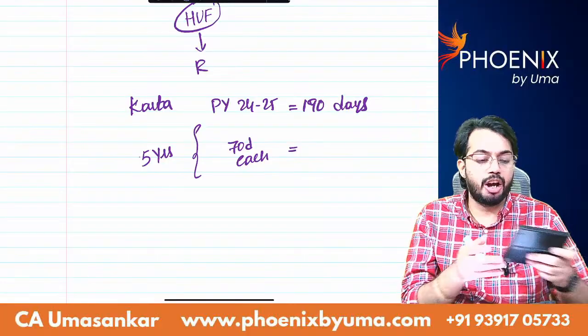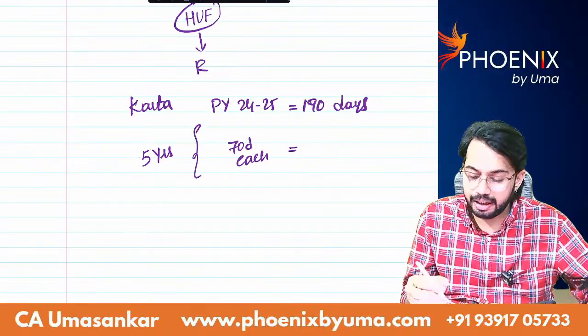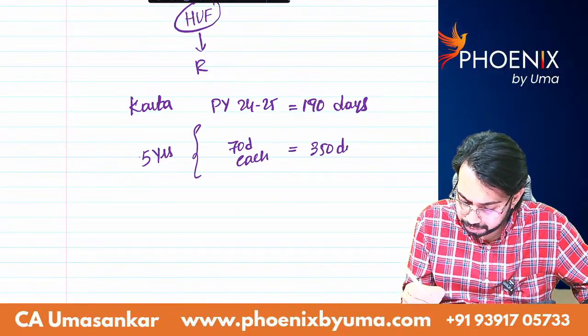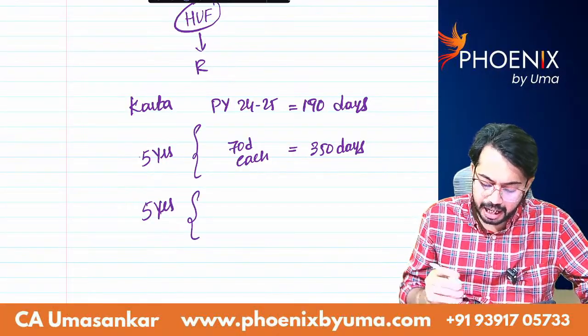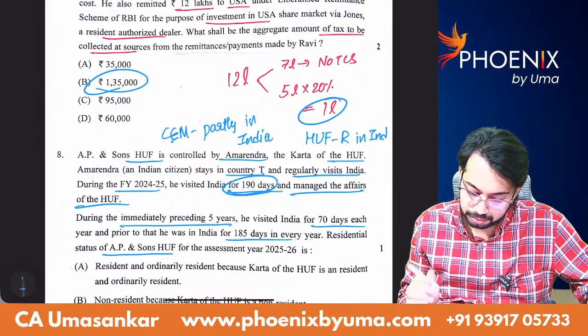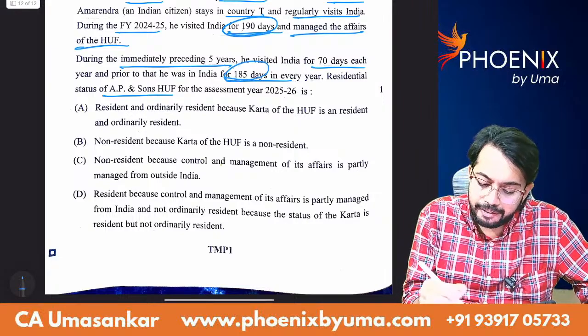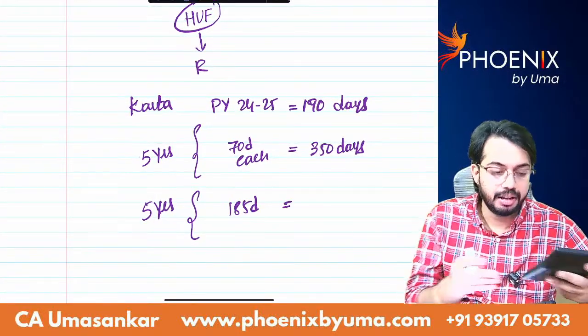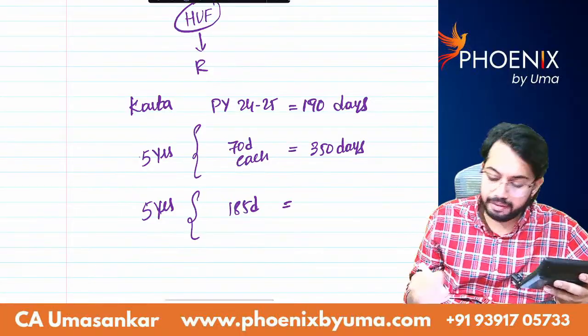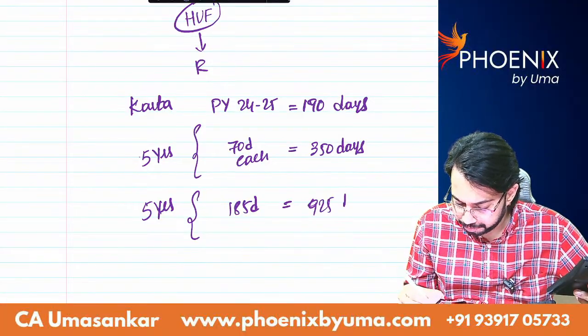That means total how many days? 70 into 5, 350 days. And in the earlier years, he stayed in India for 185 days each. 185 into 5, 925 days.